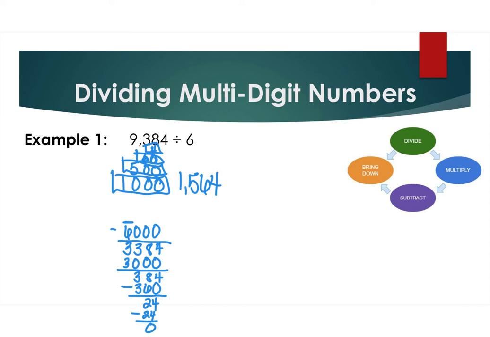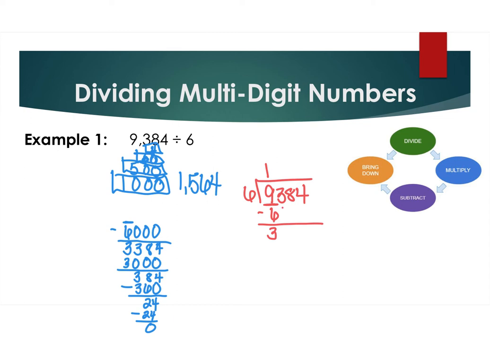Let's take a look at this with the standard algorithm. So I have 9,384 divided by 6. The first number I'm going to look at and say, does 6 go into 9? Yes, one time. So 1 times 6 is 6. I'm going to subtract.